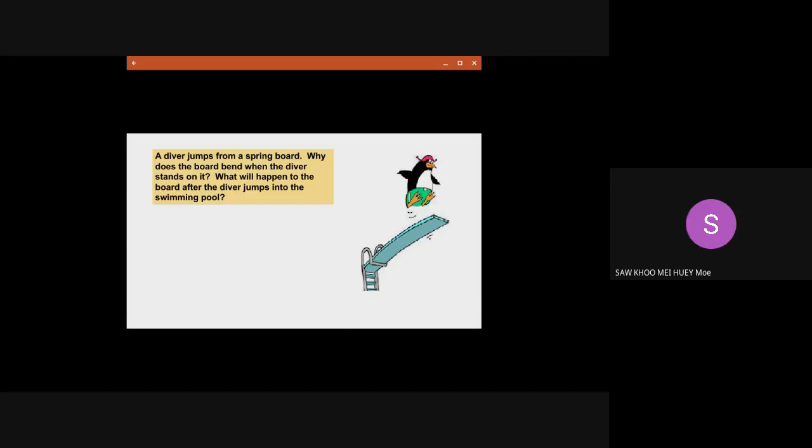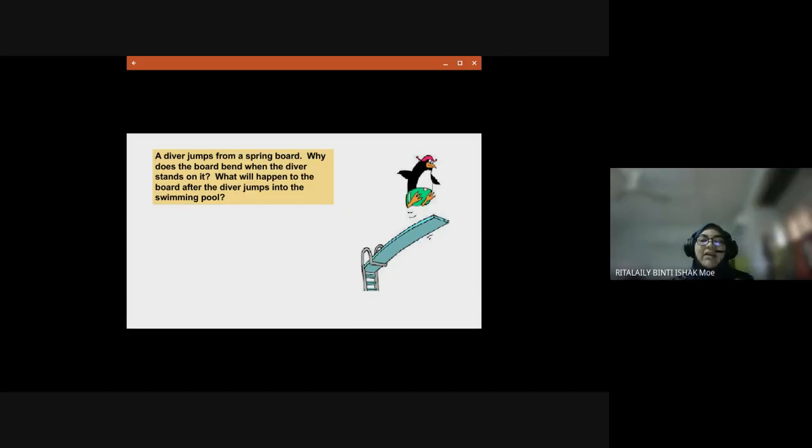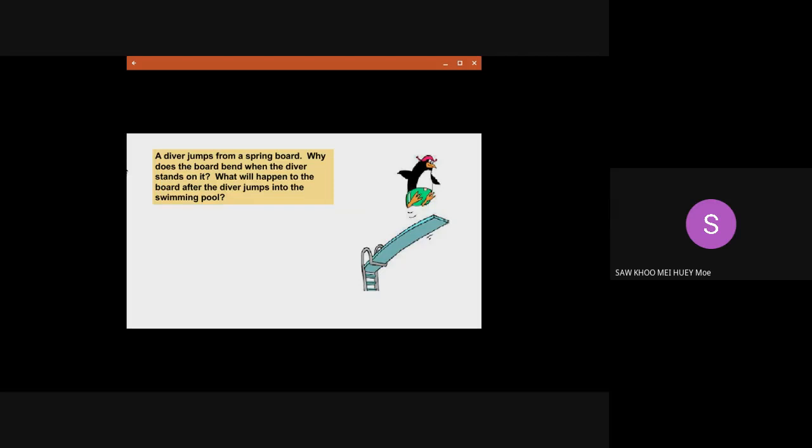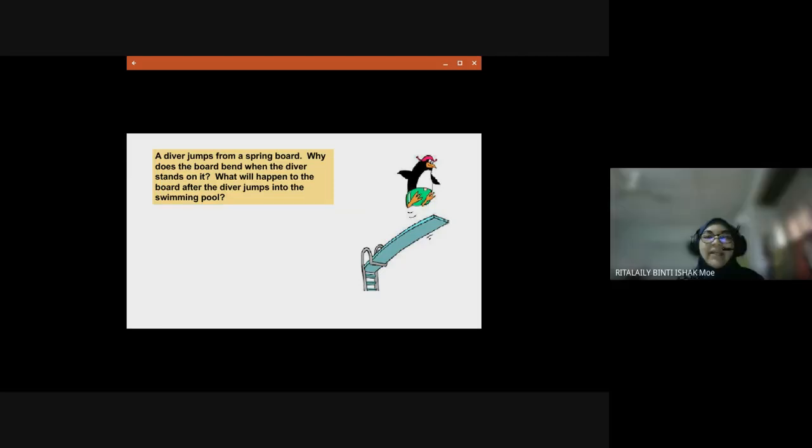Okay, when the diver stands on the board, there is a force exerted onto the board. But what happens when the diver jumps into the swimming pool? It will go back to its original. Okay, so the board will go back to its original state or original length.